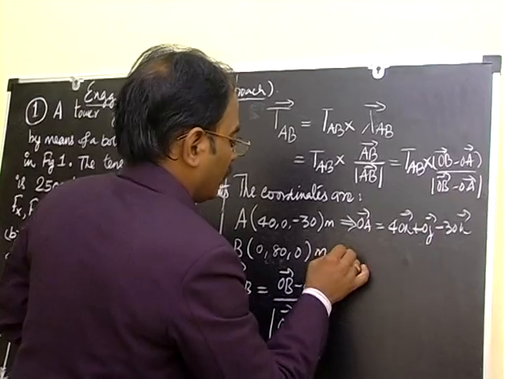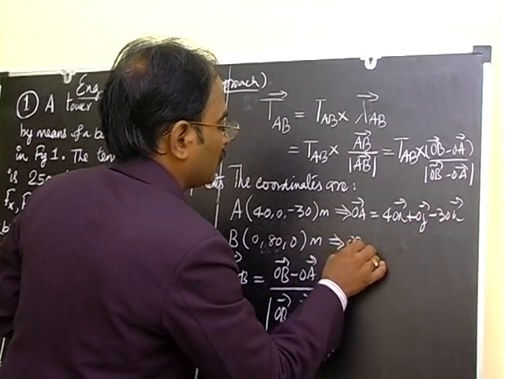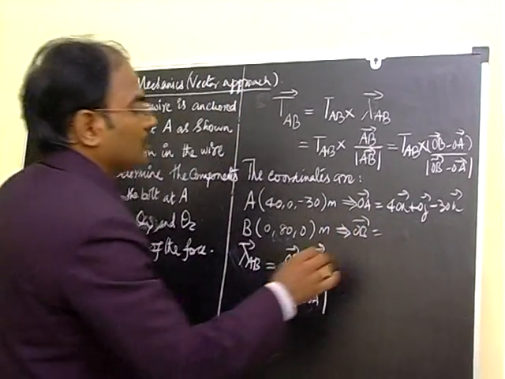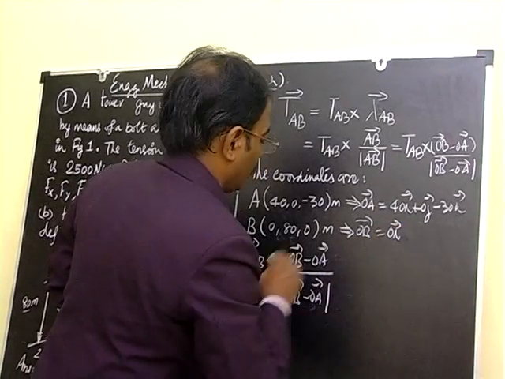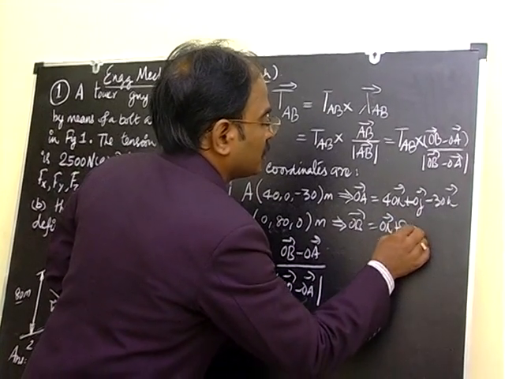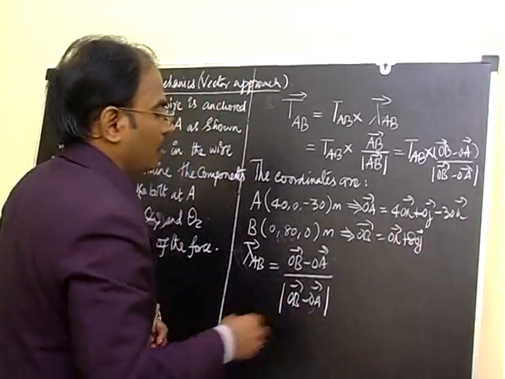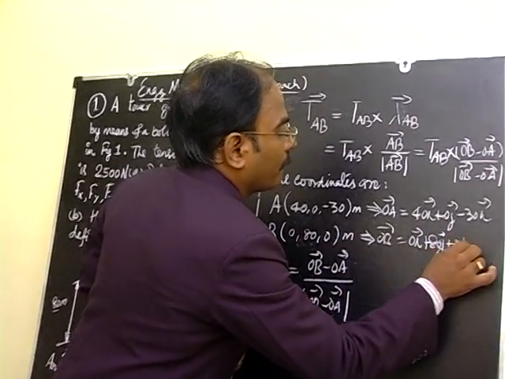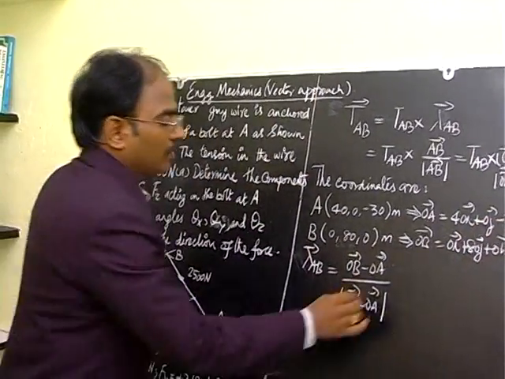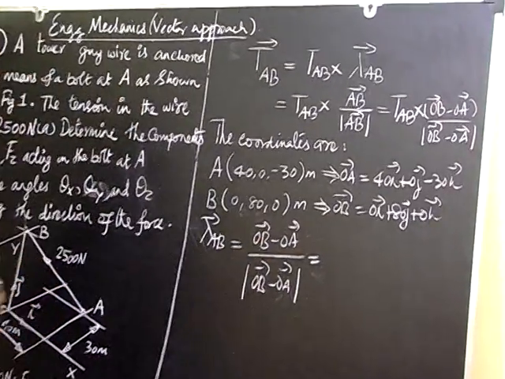Here is OB, so OB vector is nothing but 0i plus 80j plus 0k. So here is your lambda AB, OB minus OA.